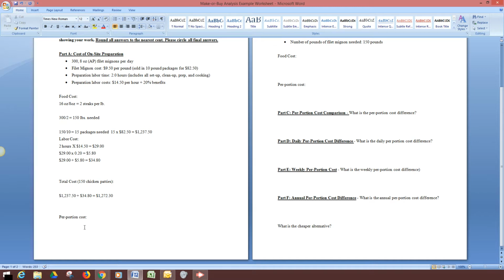So per portion, we would take the total cost of $1,272.30 and divide that by 300, because we're getting 300 portions. That shakes out to 4.241, and we always want to round to the nearest cent, so that would round to $4.24 for our per portion cost.